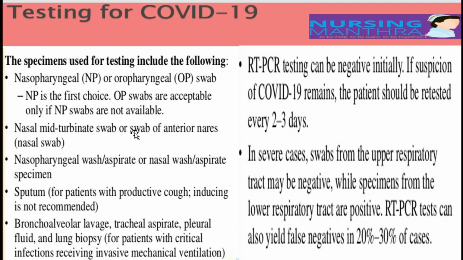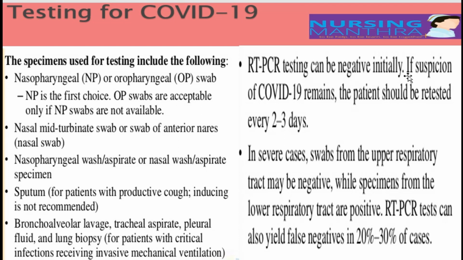Also a nasal mid-turbinate swab or anterior nares swab, and nasopharyngeal wash aspirate or nasal wash aspirate specimens. Sputum for patients with a productive cough; inducing it is not recommended. Bronchoalveolar lavage, tracheal aspirate, pleural fluid, and lung biopsy for patients with critical infections receiving invasive mechanical ventilation. These are the specimens we can use for COVID-19 PCR.